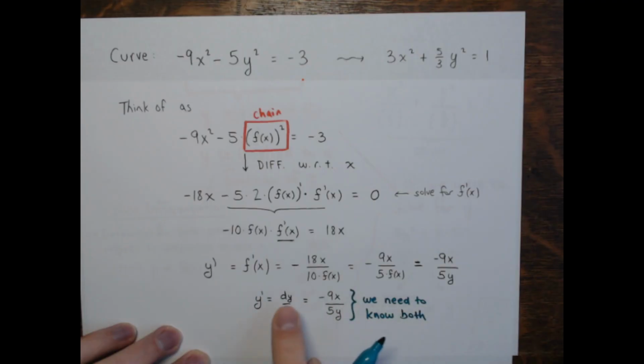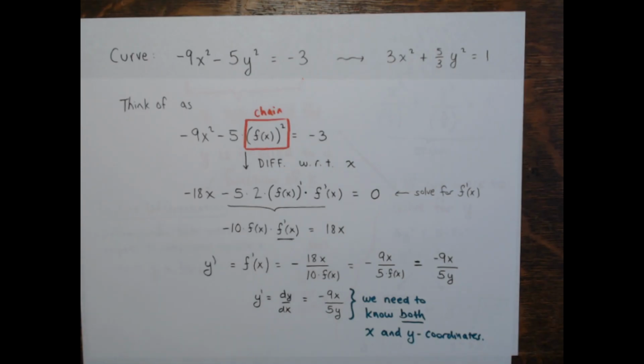When you find your y prime, your derivative, you need to know both the value of x and the value of y. So you need to know both x and y coordinates of whatever point you're at.